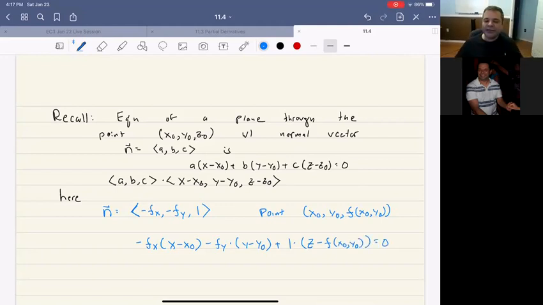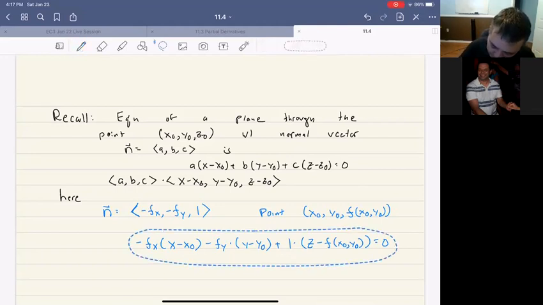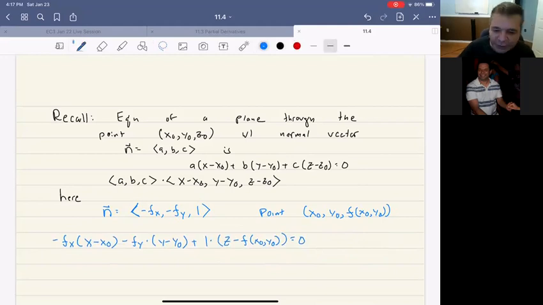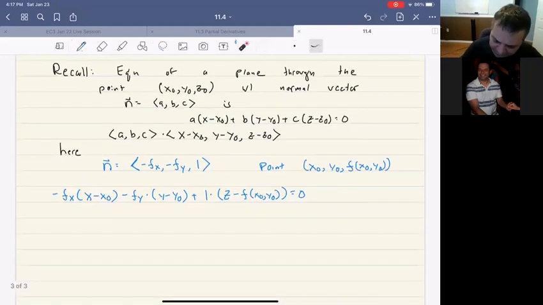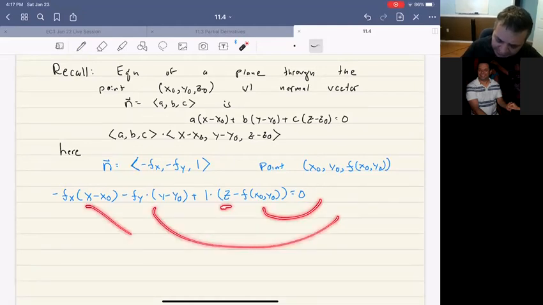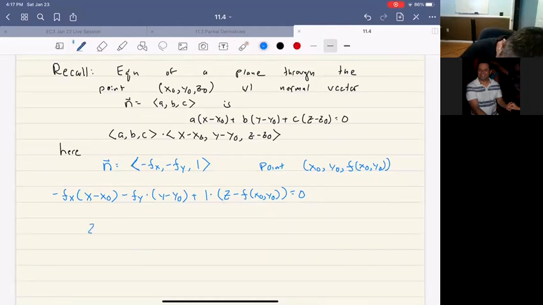So let's solve this to get z on one side by itself. I'm basically going to leave z on this side and move everything else over to the other side. So we're going to get z equals f sub x times x minus x0.